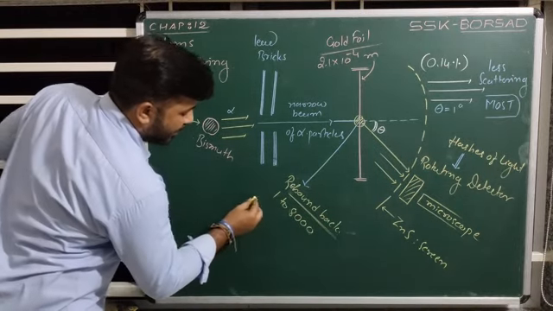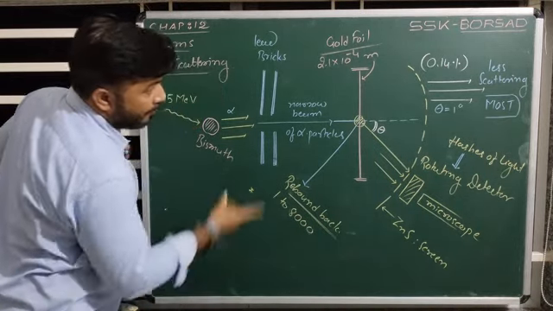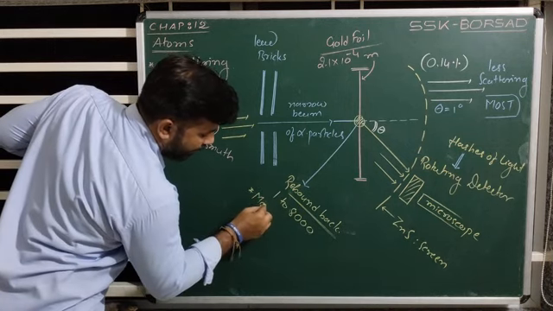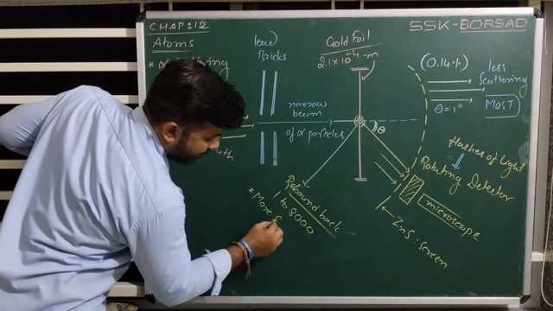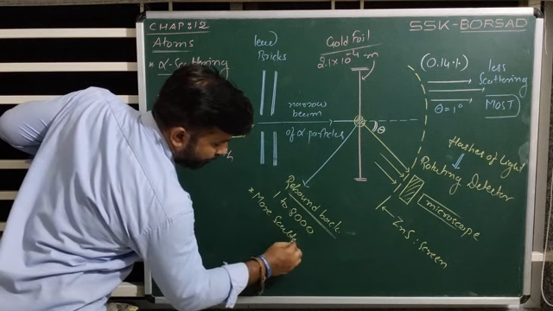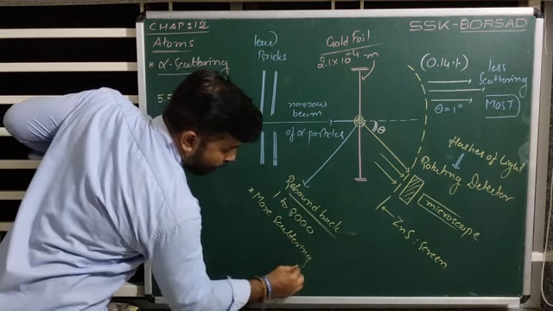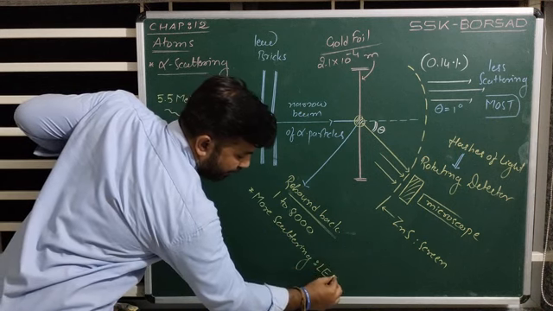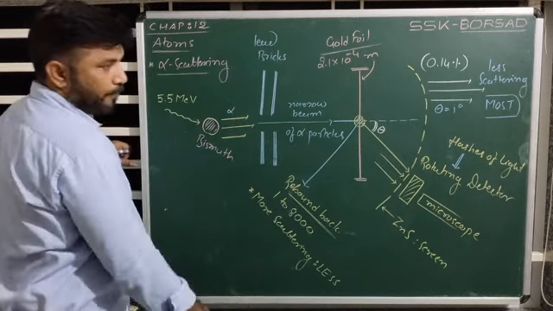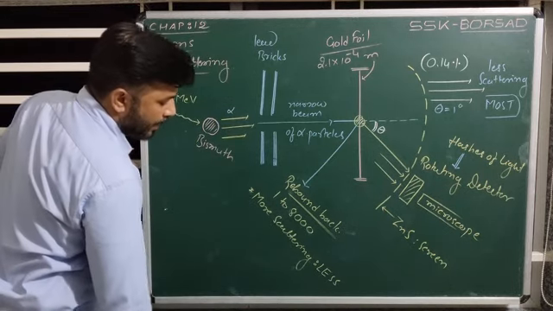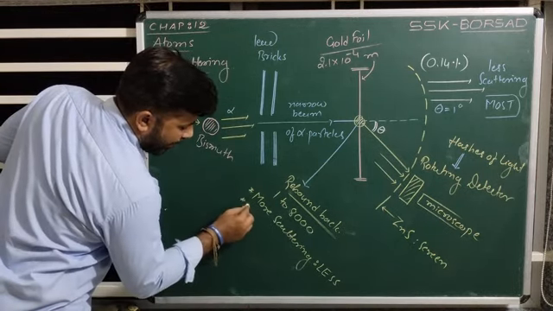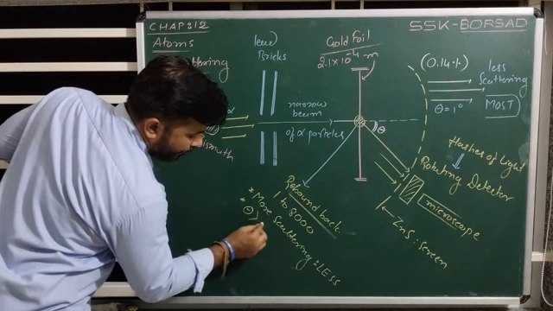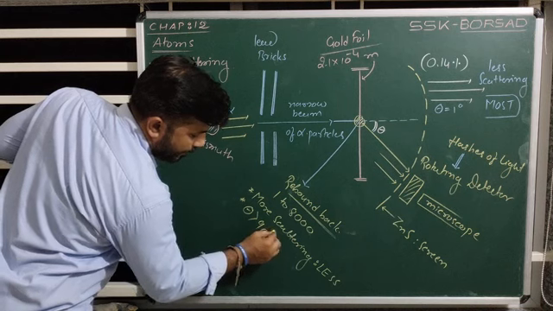Means this portion has less scattering, and here there is more scattering of very few alpha particles. Got it? And here the angle of scattering is more than 90 degree.